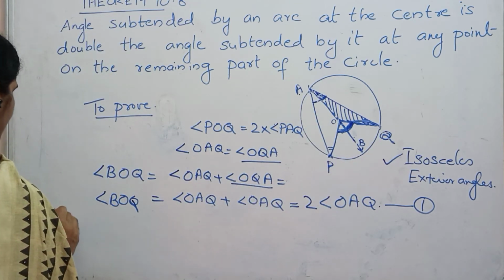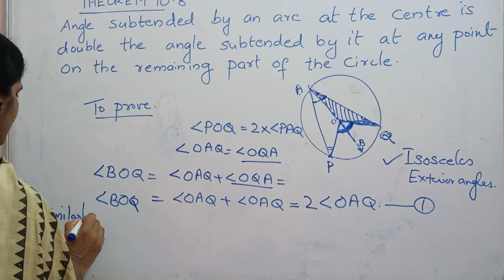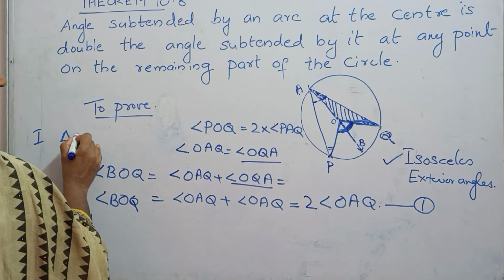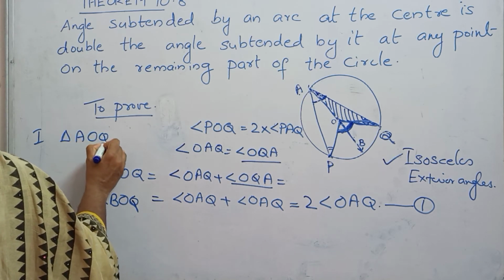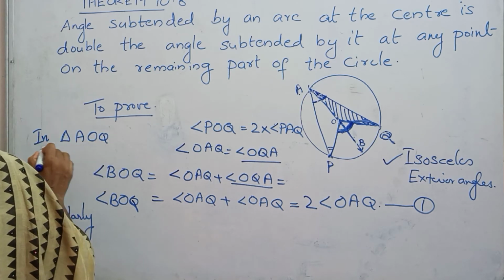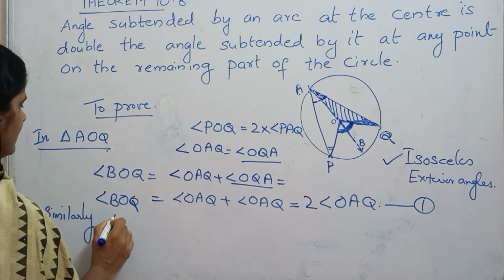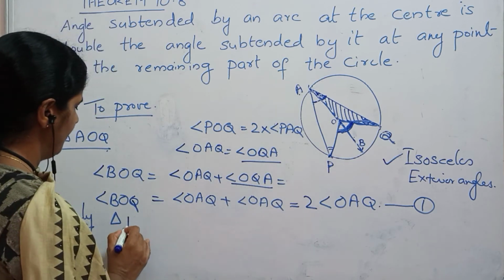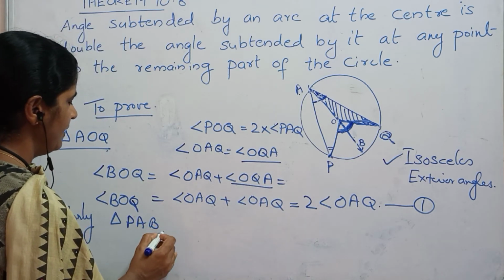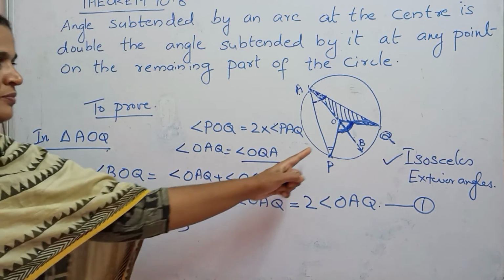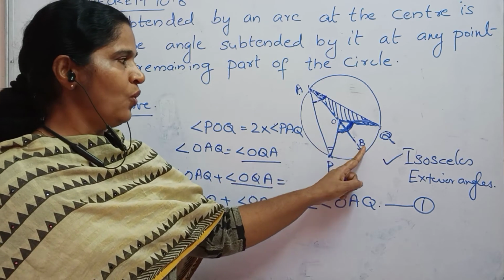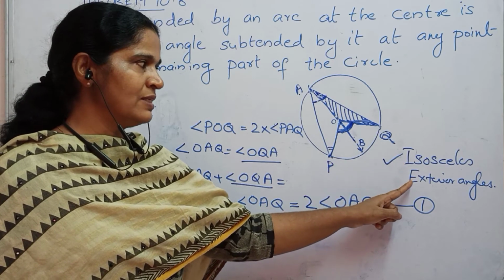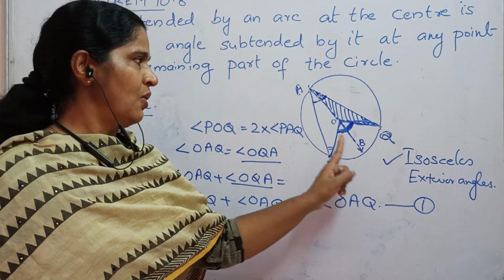Similarly, we considered the first triangle AOQ. We can now consider the left side triangle, PAB. In that also we can prove it the same way as in the previous one, using the isosceles triangle property and the exterior angle property.